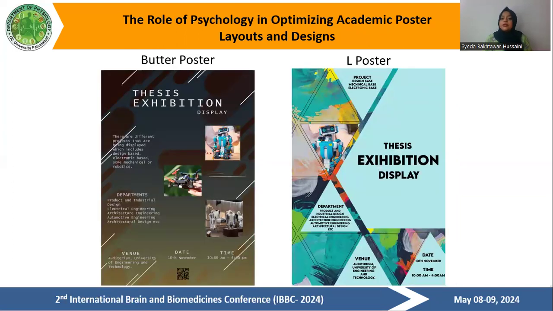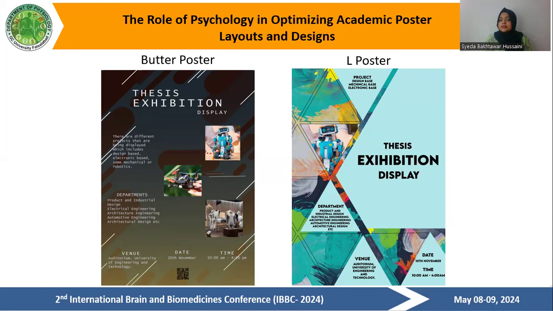Next one is the butter poster. The main highlight of this category is that it consists of text, but the size of the text is very small, and it also consists of images. The main thing of this type of poster is that it consists of a QR code, which makes it different from the other categories.